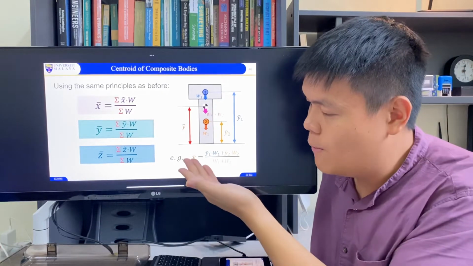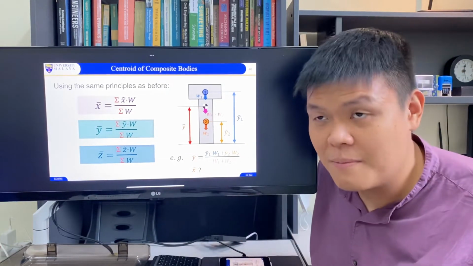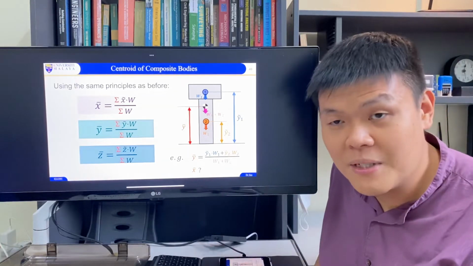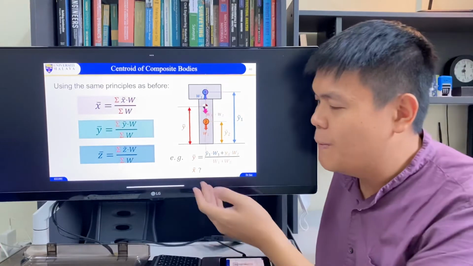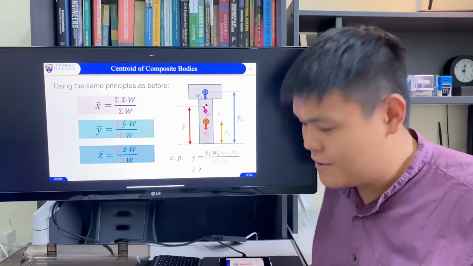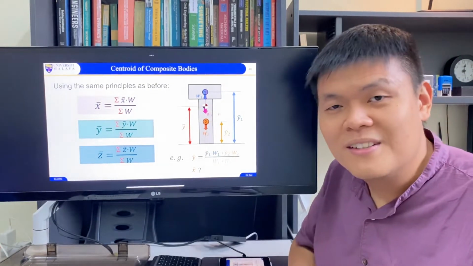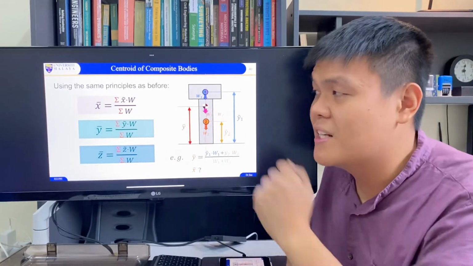Then we get y bar. X bar should be the same, but we don't need to calculate because due to symmetry, x bar will be 0, because x bar will be in the middle. It's symmetry. Left and right are the same.